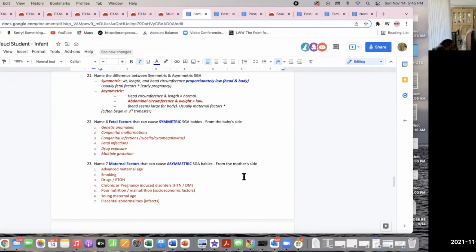Symmetry in the baby assessment is head to the rest of the body. Is the head symmetrical to the rest of the body? And the reason this is so is that we talked about this when we first talked about the growing fetus. Remember those early ultrasounds that I showed you guys? There you could see the head first, and you could see the little trunk of the body.